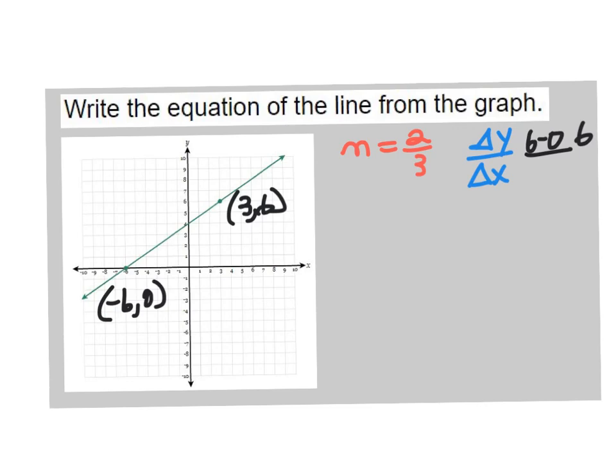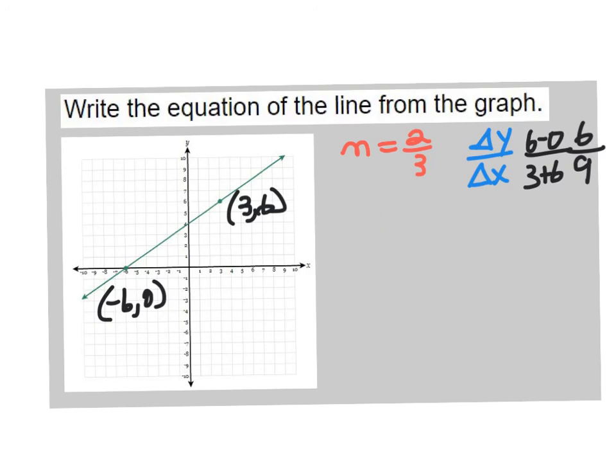I'll go ahead and write that down. So that would be 3 minus -6, which becomes 3 plus 6, and that equals 9. And there's your slope, 6/9. And 6/9 simplifies to 2/3.